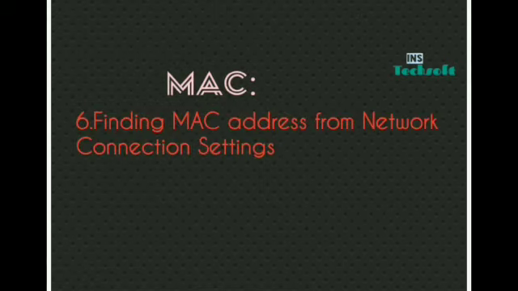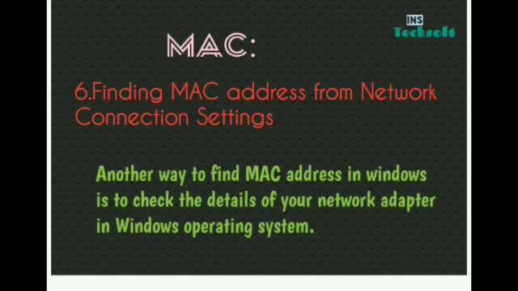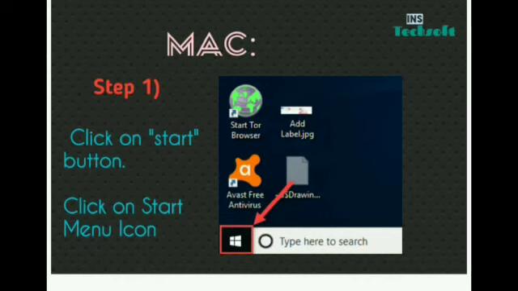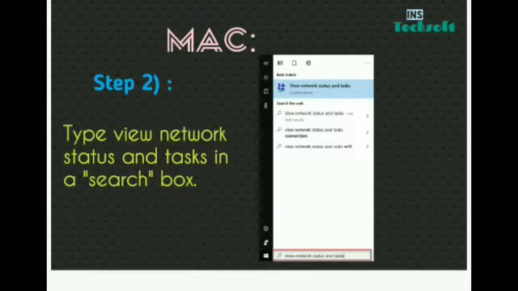So next, finding the MAC address from network connection settings. Here is another way to find the MAC address in Windows: to check the details of your network adapter in the Windows operating system. Step 1, click on the start button and click on the start menu icon. Step 2, type network status in the search box and click on the search result.